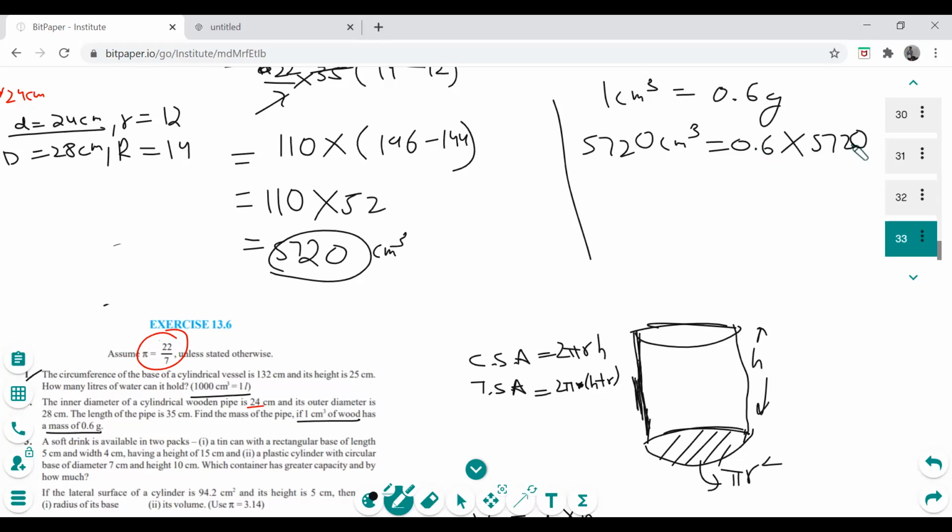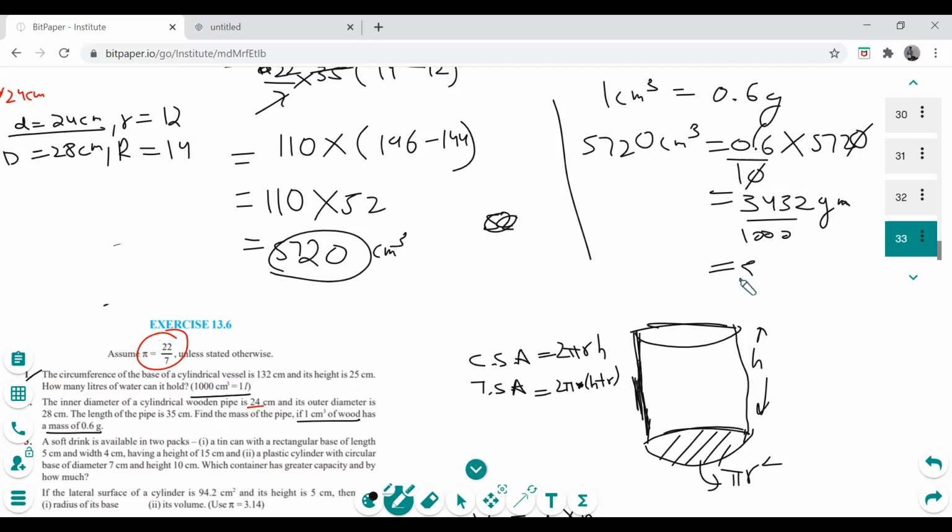Yes, do the calculation now. 3.432 kg. I didn't ask in kg, I asked in grams. Multiply this. 3,432 grams. So in order to convert this into kg, I divide by 1000.